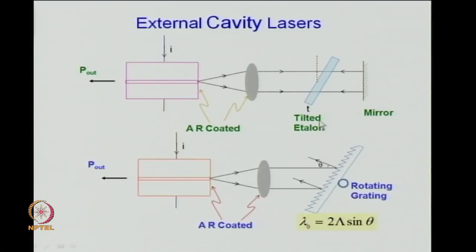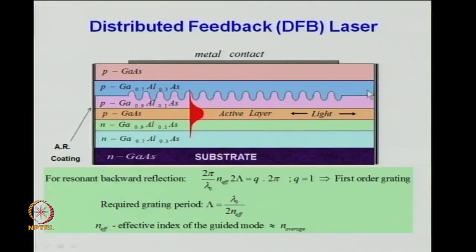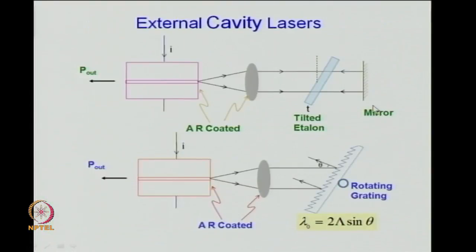We have discussed how the tilted echelon chooses a particular required frequency. So, the cavity comprises this mirror and the mirror at this end, the cleaved end which is not anti-reflection coated, and this mirror which is usually 100% reflecting. So, this is the cavity from here right up to this. This is the way light goes back and forth, but there is an echelon in between.